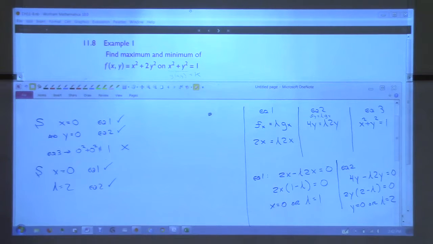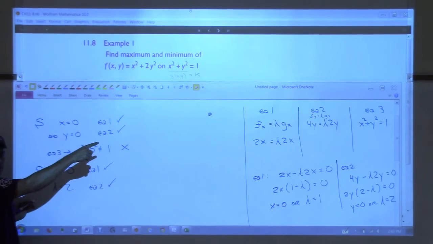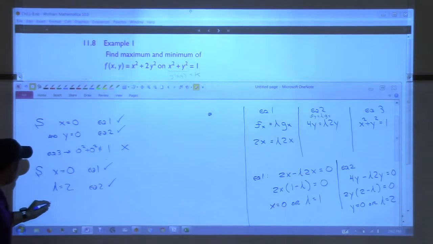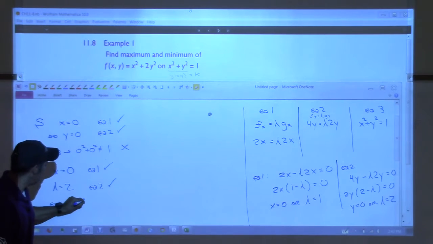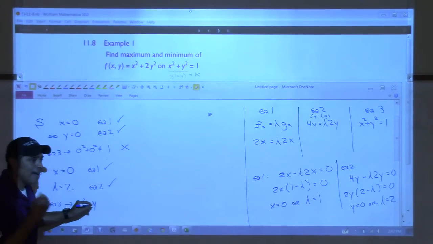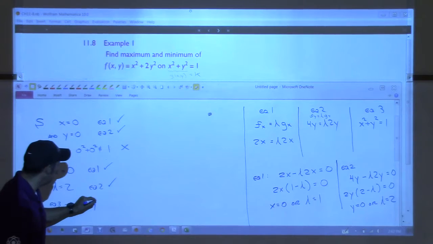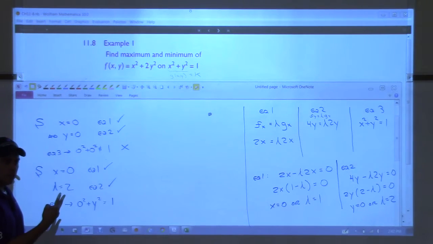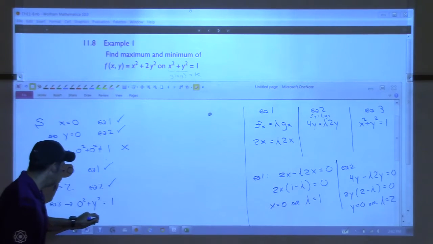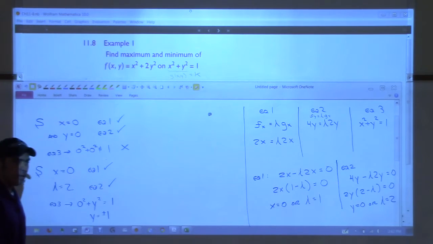But now we don't have a problem with equation 3, do we? From equation 3, we have that x was 0, so 0 squared plus y squared, I haven't locked y down yet, must equal 1. And that gives me 2 solutions. y can be plus or minus 1, right?